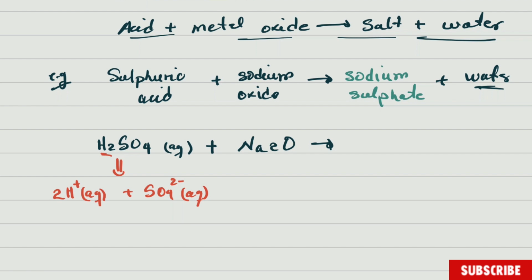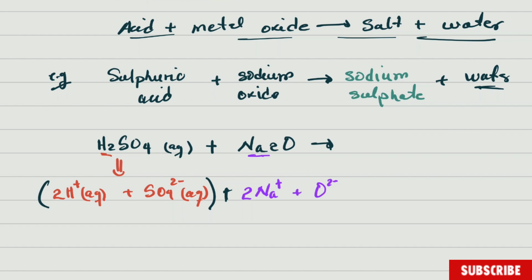All of this is going to react with the sodium oxide, which is also going to be broken into ions. Remember, the sodium oxide is the combination of Na+ and O2-. However, once more, note you have 2 sodium, so you have 2 sodium ions and 1 oxygen ion.